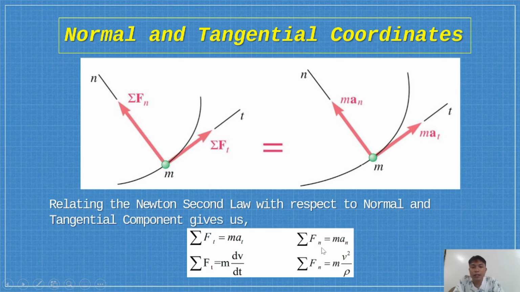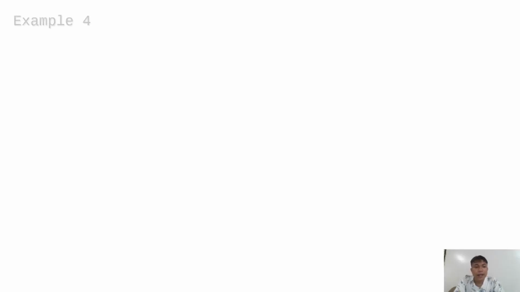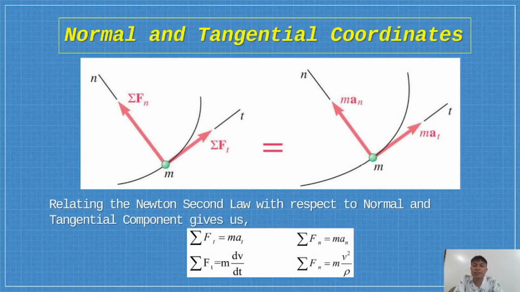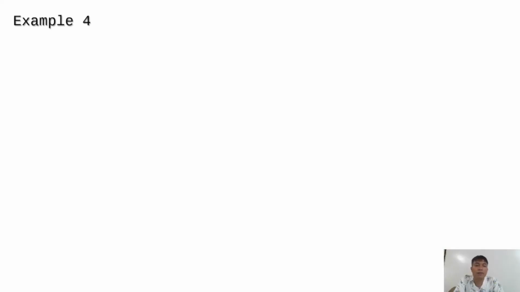While for the normal coordinates, the summation of the forces is equal to m A_N. So the summation of the forces relating to the normal coordinates is equal to m v squared over rho, or just equal to r. Now, to illustrate these normal and tangential coordinates, we are going to have our example 4.